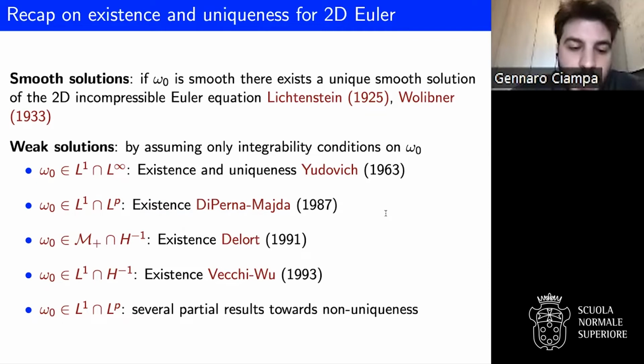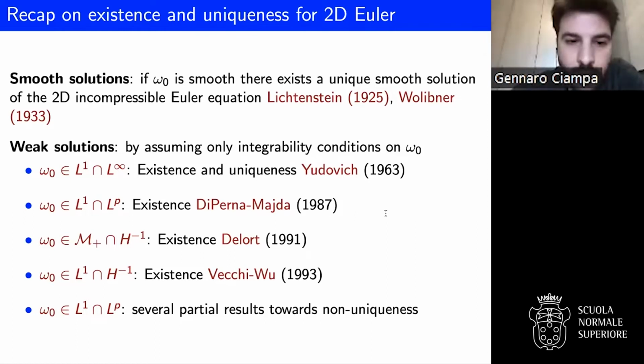And let me recall that up to date, there are several partial results of non-uniqueness, and many of them were discussed yesterday in the talk of Maria Colombo, but we still don't know exactly what happens when the vorticity is unbounded.